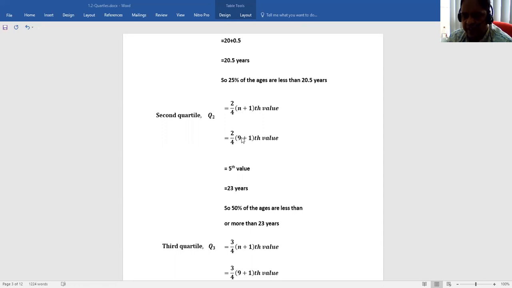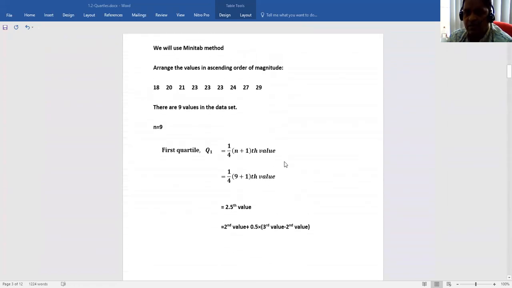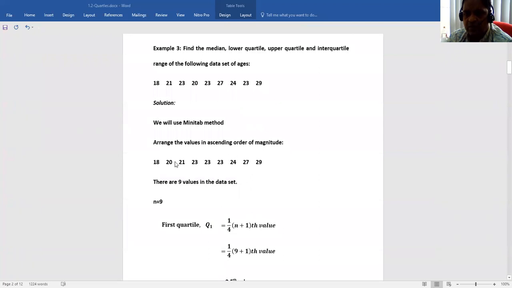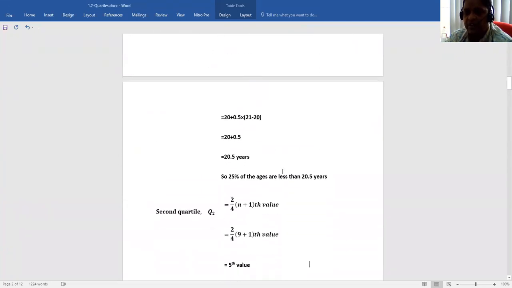We know n is 9, so 9 plus 1 times 2 over 4, you will get the fifth value. What is the fifth value? Let us see: 1, 2, 3, 4, 5. So our fifth value is 23.